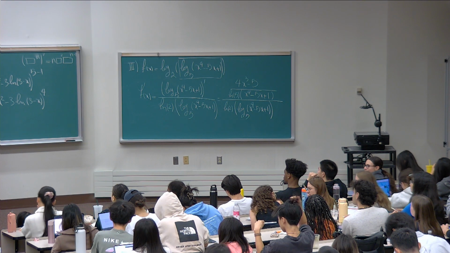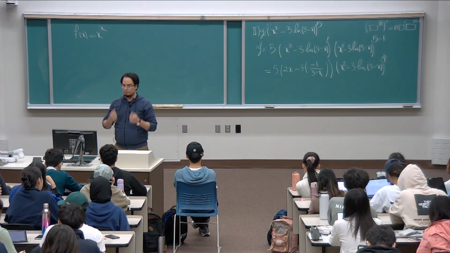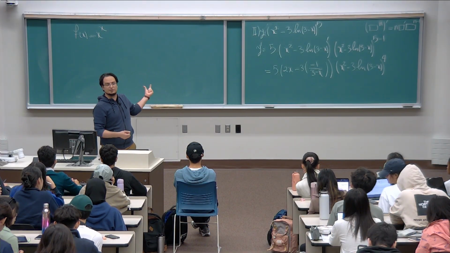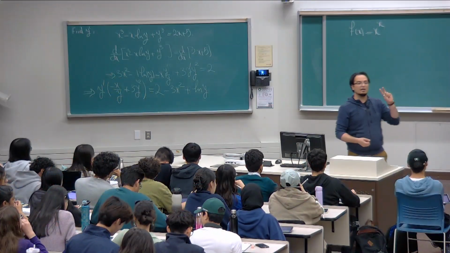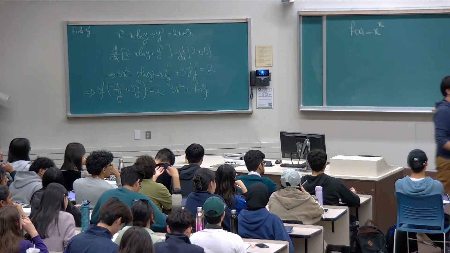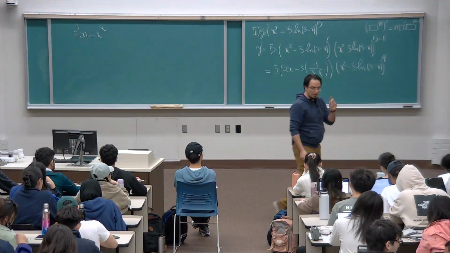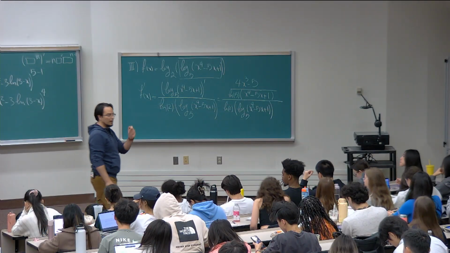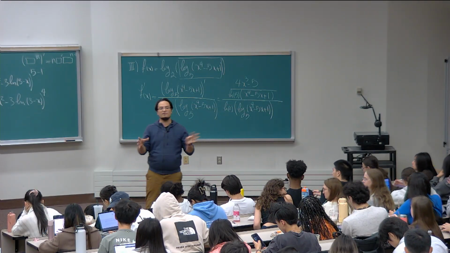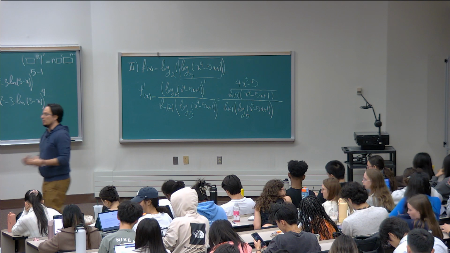What is the differentiation rule that I can apply to find the derivative of this function? And I'll give you 45 seconds. I want you to talk to someone. Don't sit there. Talk to someone. You're trying to convince each other that you know what to do.